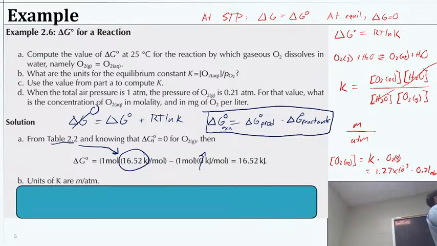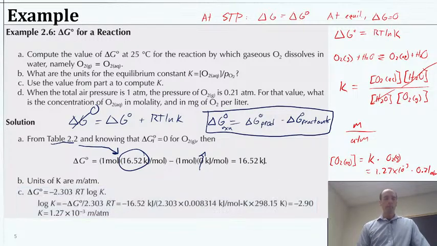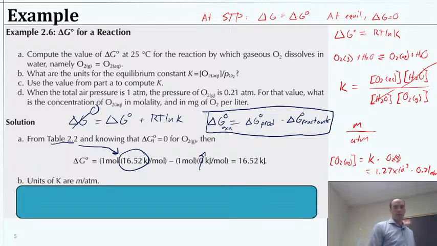And if that was pure oxygen, that would be 1 atmosphere of oxygen, right? So that's the situation. So this would be molar units, or maybe molal units, per atmosphere. So M per atmosphere. Oh, that's part C. Okay. And that's where this is coming from.